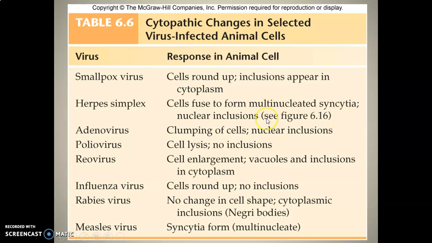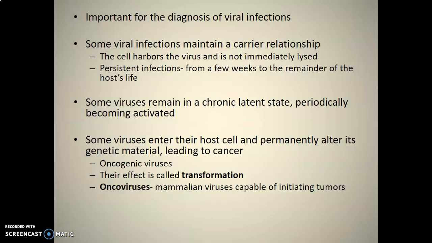Herpes has multinucleated cells where they look like they have more than one nucleus. So for some common viruses, like influenza, we can detect how cells are behaving in the presence of those viruses. Like I said, it's an important diagnostic tool because we can't necessarily sample for a virus in a lot of different kinds of situations.